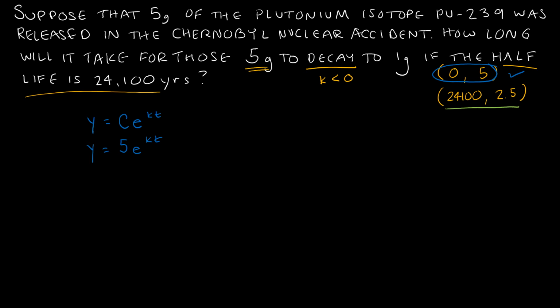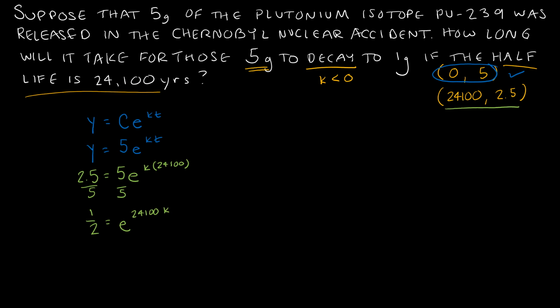So if I were to plug in 2.5 for y, and for t, plug in 24,100, what I'm going to end up doing is dividing each side by 5, obviously, and I'm going to get 2.5 over 5, which is 1/2. So I have 1/2 equals e to the 24,100k.